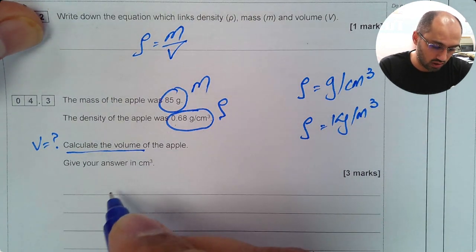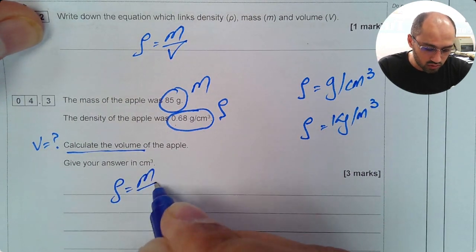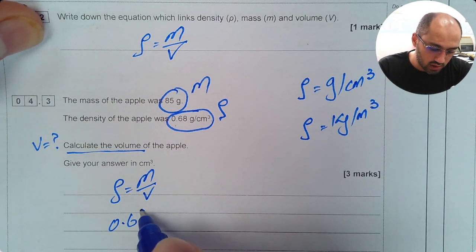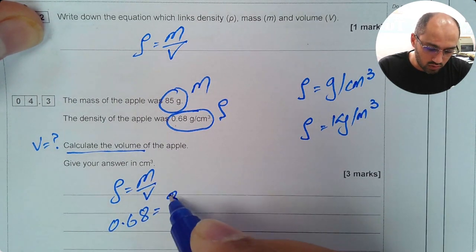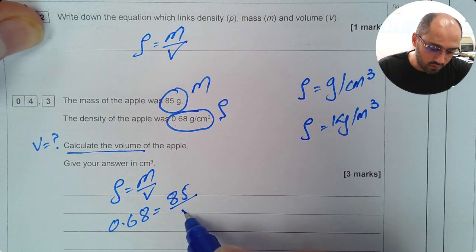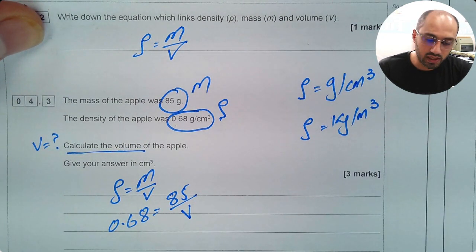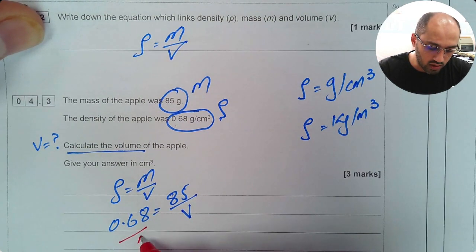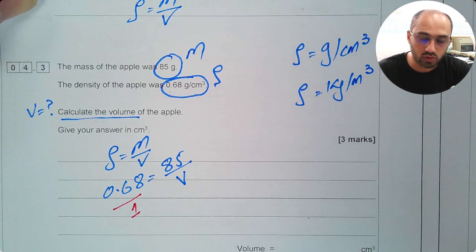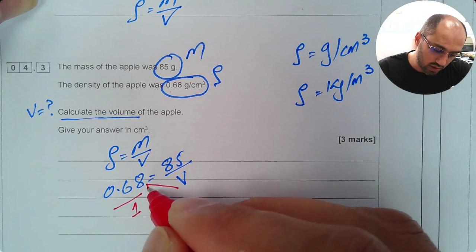All I need to do is I'll copy the equation again. Mass over volume. The value of density is known, which is 0.68. The value of mass is also known, which is 85. I do not know the value of volume. Now to make it easier for myself, what I'm going to do is I'm going to put 1 in the denominator. Once I've put 1 in the denominator, I've got single fraction on both sides. I can cross multiply and solve.